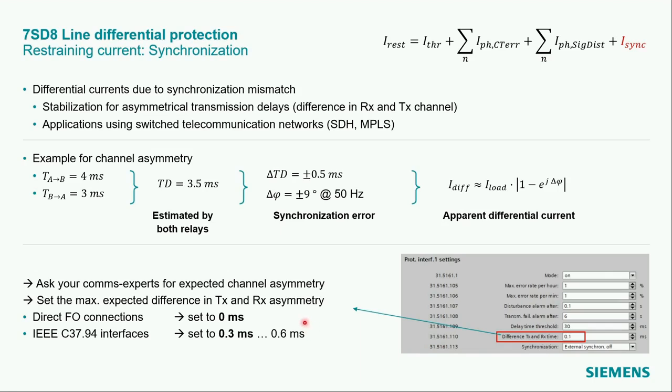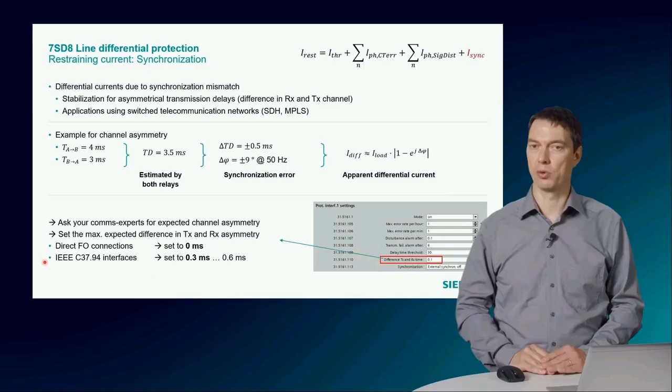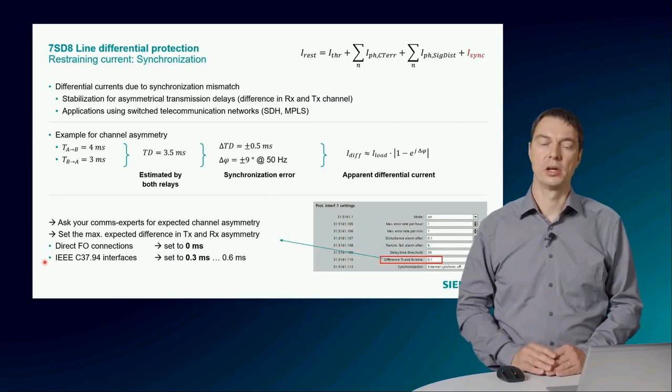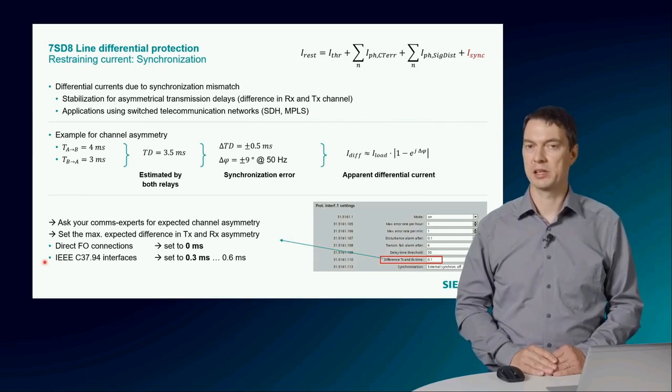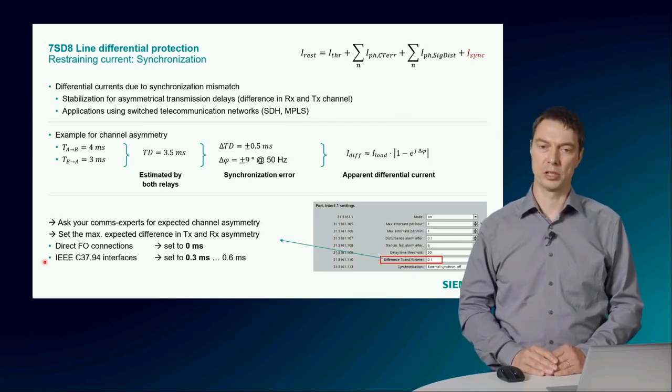For direct fiber optic connections, we recommend to set this value to 0 milliseconds. But for IEEE C37.94, we recommend to set it to at least 0.3 milliseconds up to 0.6 milliseconds if you have a weaker communication system.